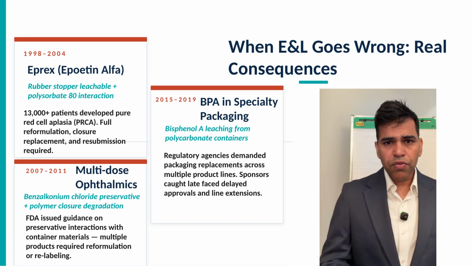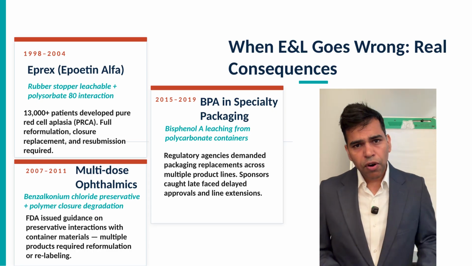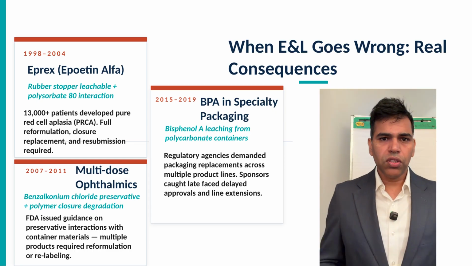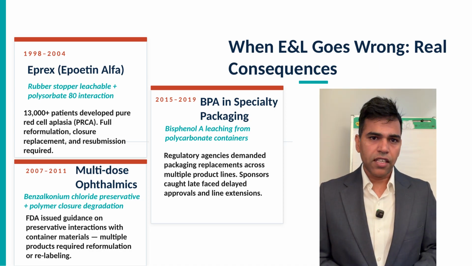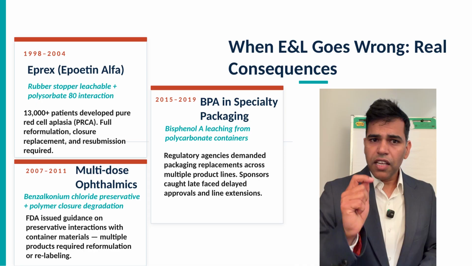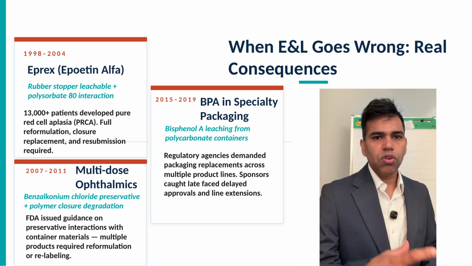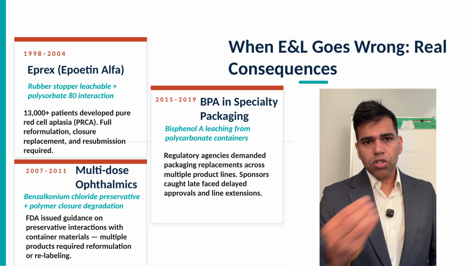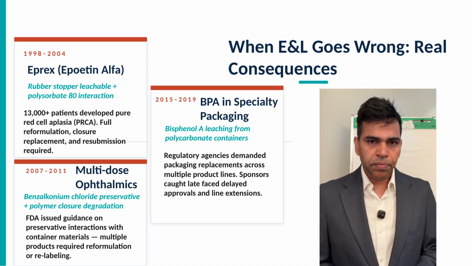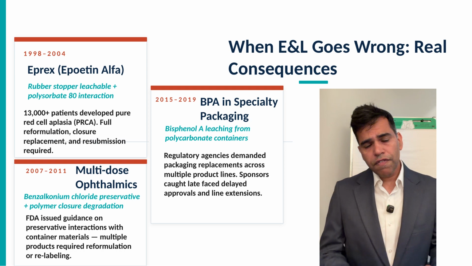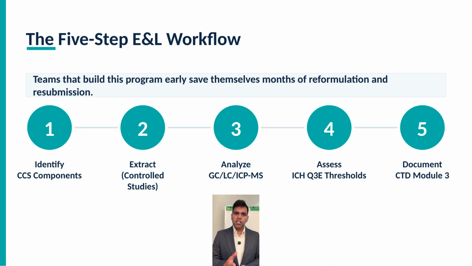The manufacturer had to reformulate, replace all closures globally, and rebuild the safety dossier from scratch. That pattern, invisible molecule, catastrophic consequence, retrospective remediation, appears across the industry. The cases look different on the surface, but the lesson underneath is the same.